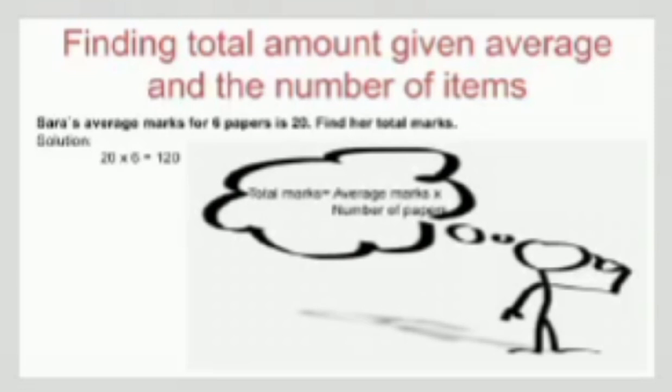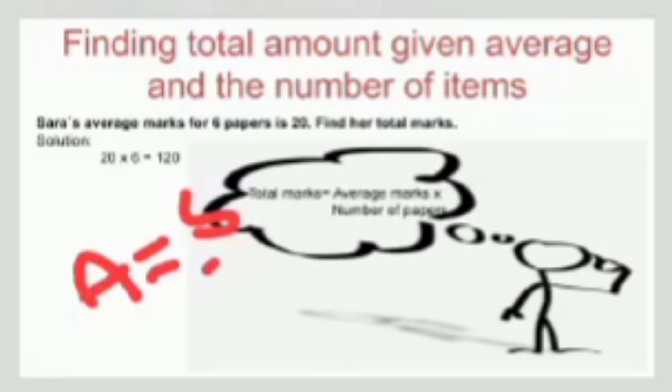So our basic formula for average was: average is equal to the sum of marks divided by the total number of items.